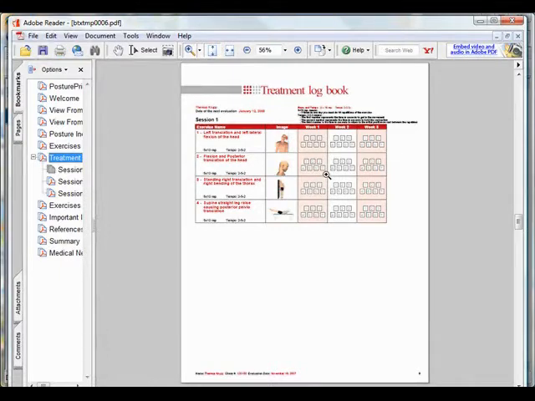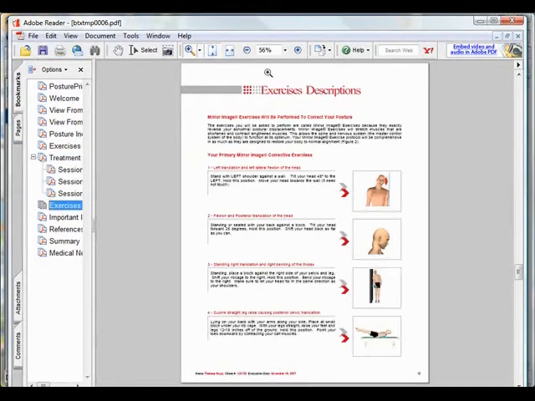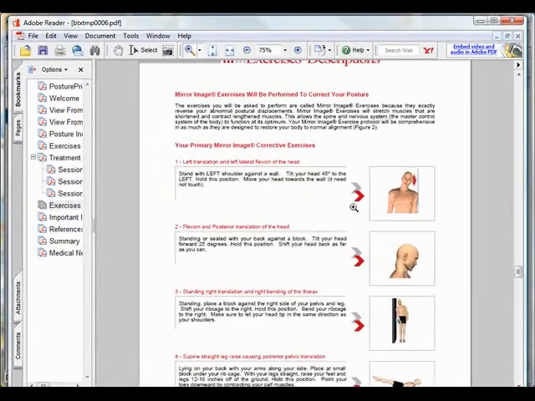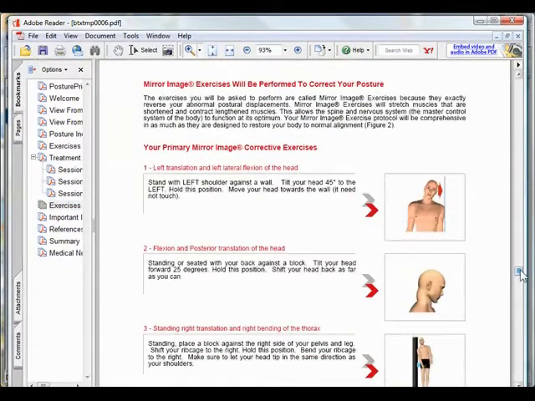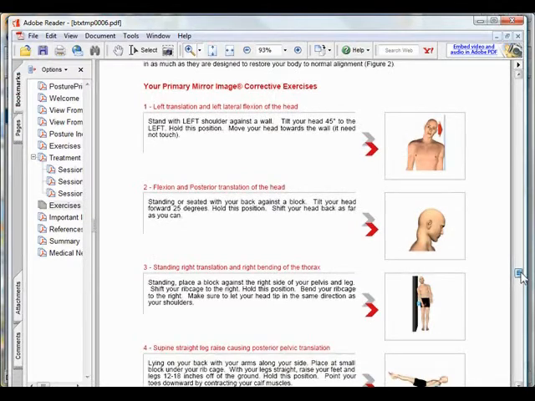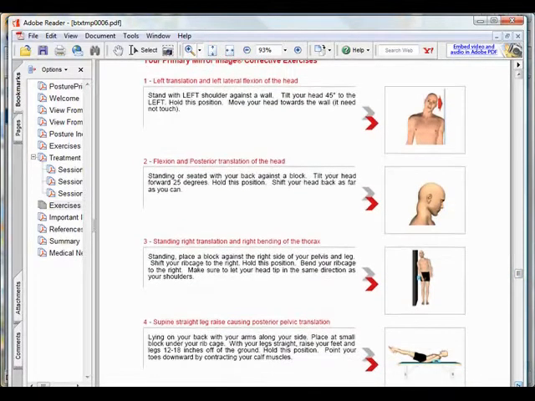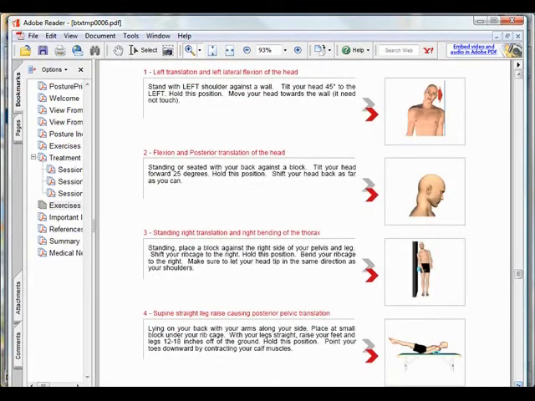Plus they're doing the exercises in office as well. The exercise descriptions are right here, so it tells you exactly how to do postural displacement exercises, known as mirror image exercises, chiropractic biophysics. Mirror image exercises. These have been shown to be very effective in returning the patient's structural displacements towards normal.